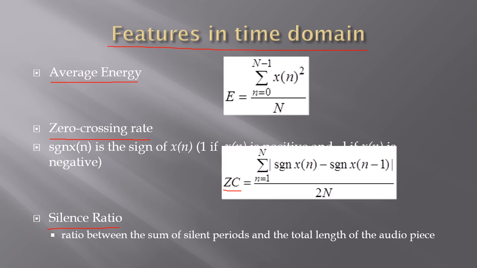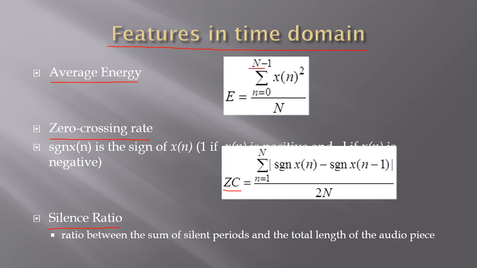Okay, this formula should be applied to any frame. So if you have 20 frames, then you have to use this formula 20 times, once for each frame. Now, in each frame, you have a number of digital samples, and the number of samples is denoted by n.